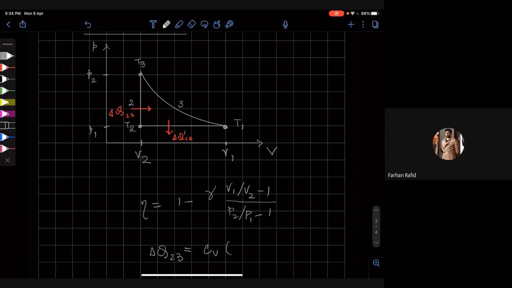Now see that delta Q23 is a positive quantity. This is a positive quantity in general, unless you're dealing with black holes or something. And since you're heating it, T3 would be greater than T2, right? So T2, you're right.